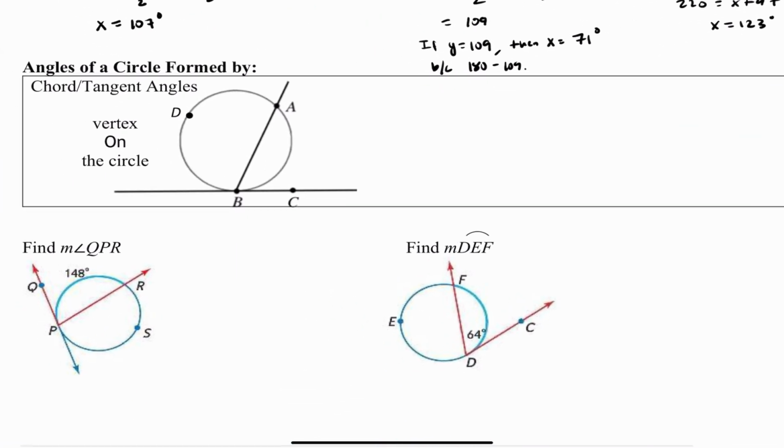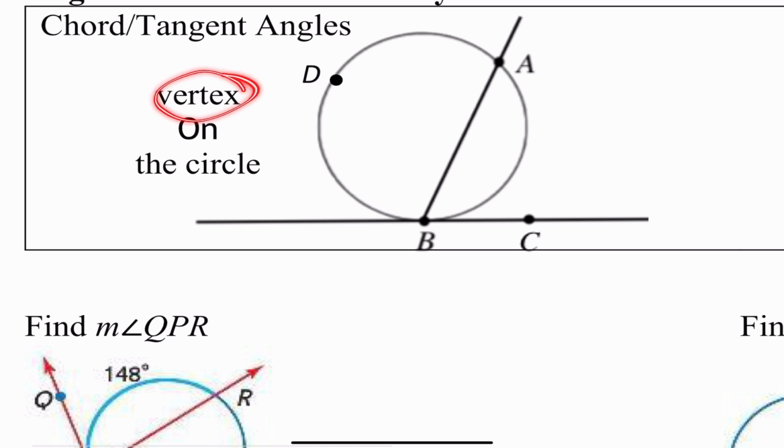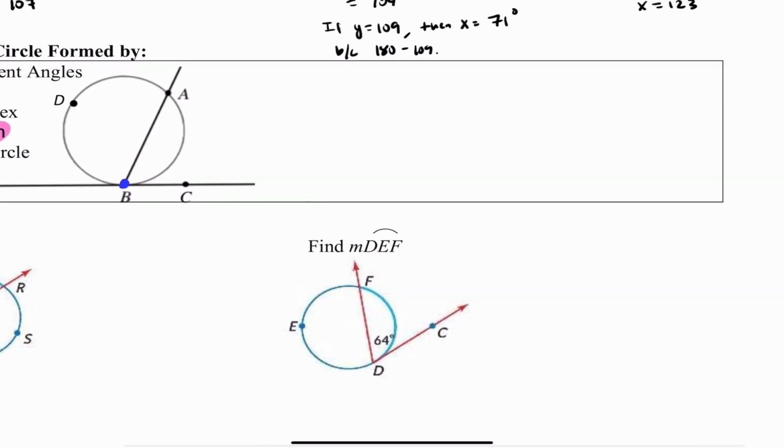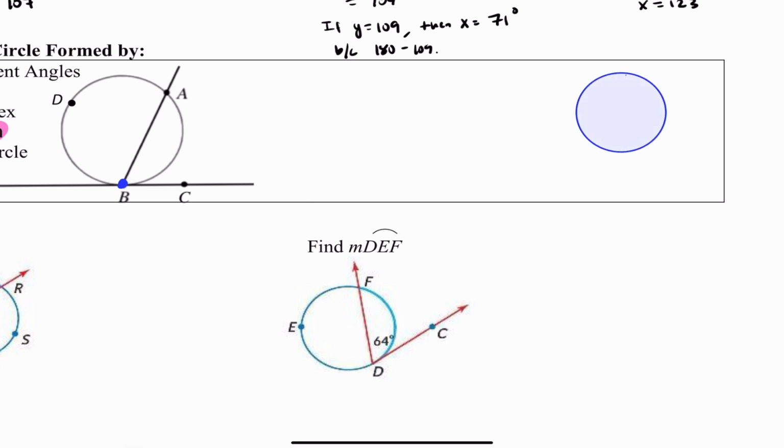Now we're going to get into the angles of a circle formed by chord and tangent angles. The vertex is on the circle. Here we have my chord, and this is the tangent. Notice that the vertex is on the circle. We've already talked about this in the previous lesson, where the angle is inscribed in the circle and the vertex is on the circle itself.